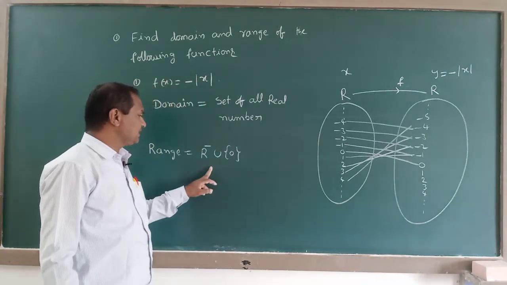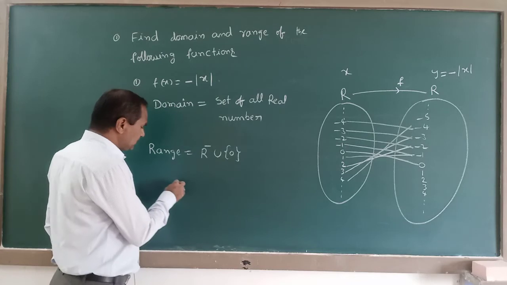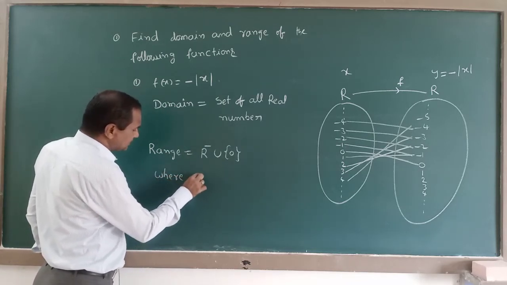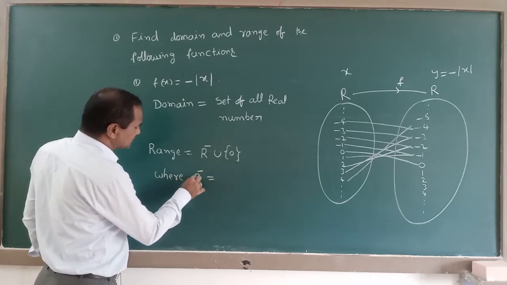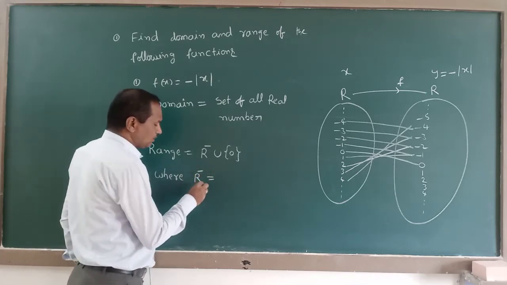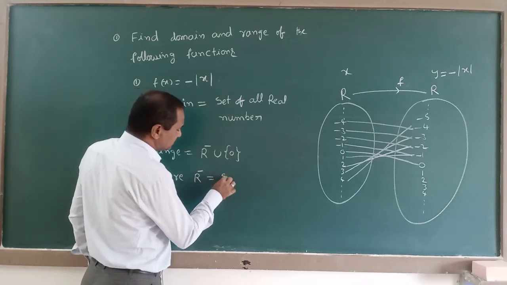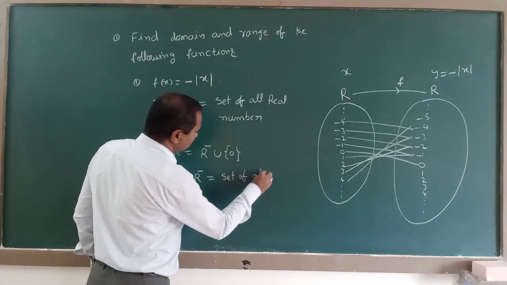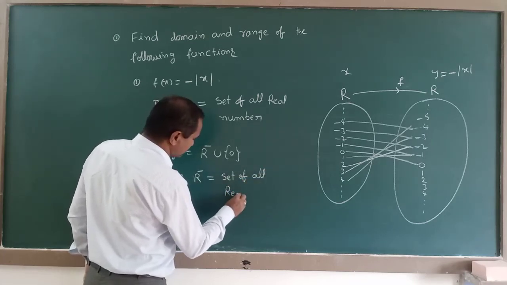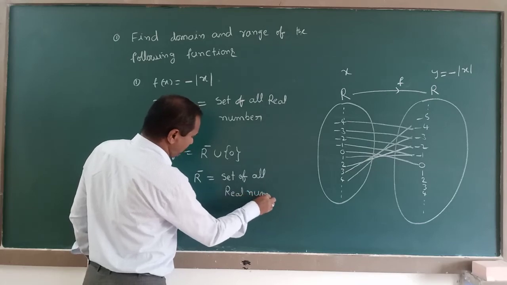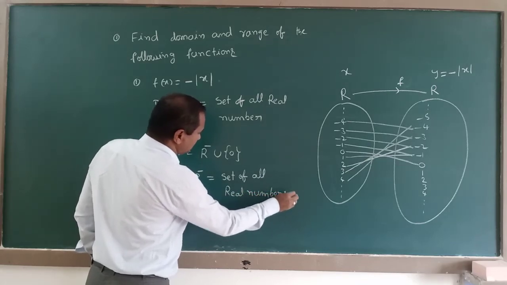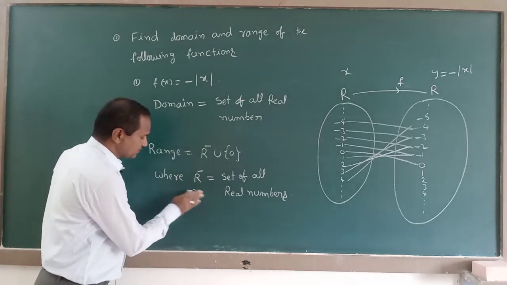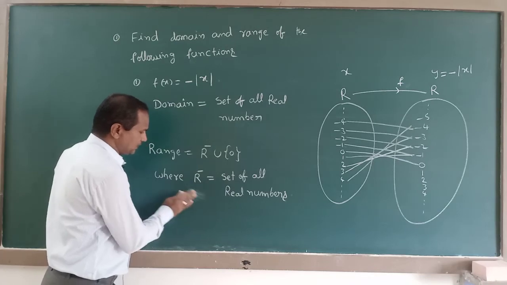R minus represents the set of all negative real numbers, where R is equal to the set of all real numbers.